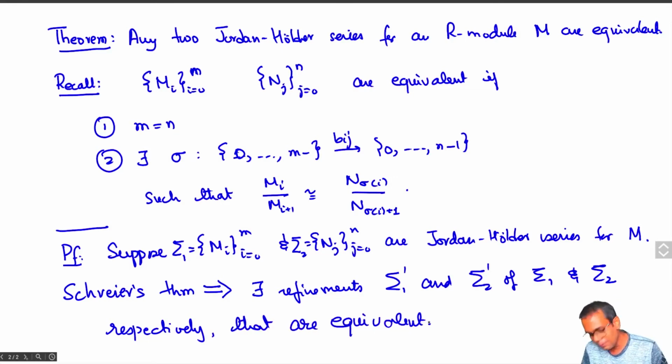But now sigma 1 and sigma 2 are already Jordan-Holder series. They cannot be refined by strict series. So sigma 1 prime and sigma 2 prime would just be refinements where you are adding more terms which are equal to the existing terms in the series.